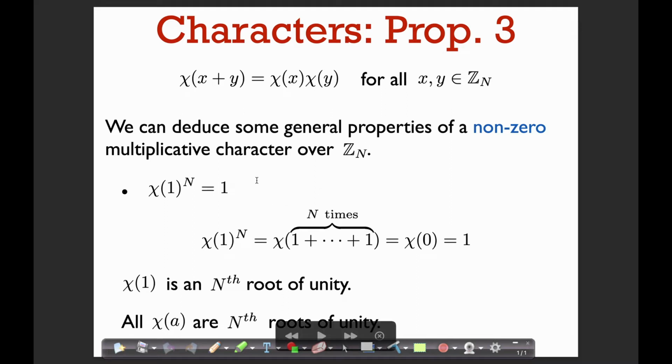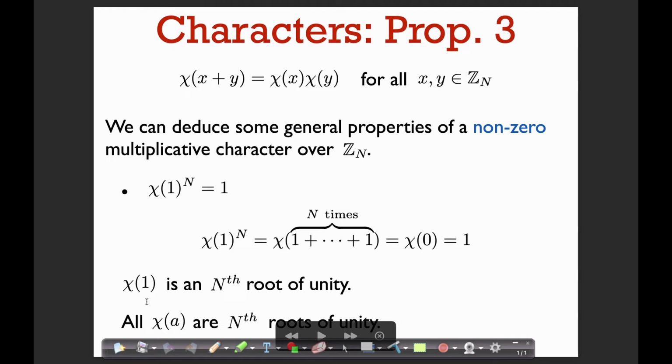Now the next property that we see is that chi of 1 to the power n, again we're working modulo n, has to be 1. Okay, so why is that? Well, if we sum up 1 n times, that's just 0 modulo n. So this is equal to chi of 1 to the n. On the other hand, it's also equal to chi of 0, which in the first property we saw is 1.